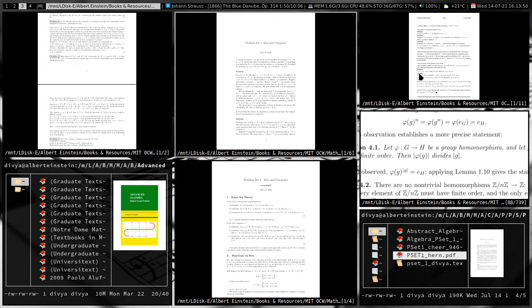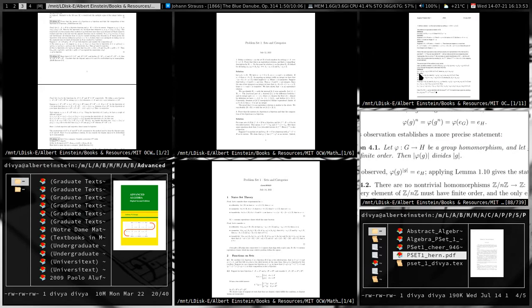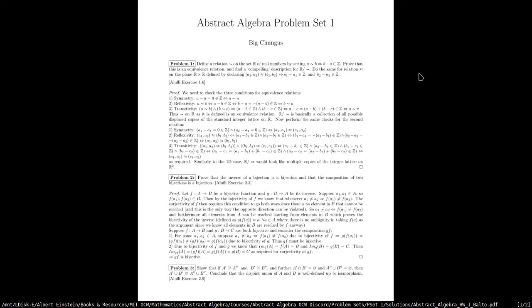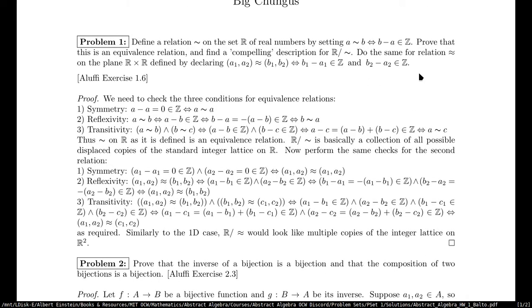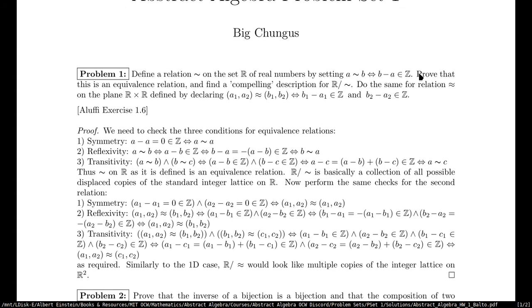I think the first one is by Balto. I'm going through it randomly, but the first person to submit the PSet was Hearn actually. He submitted it very early, earlier this week.